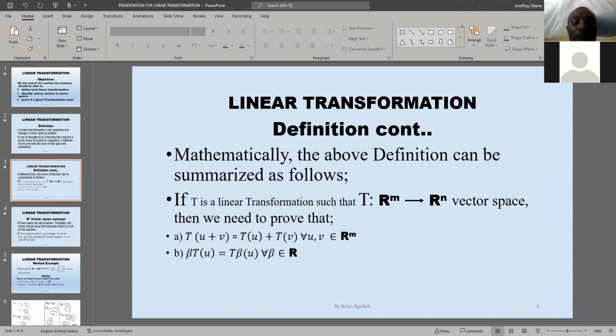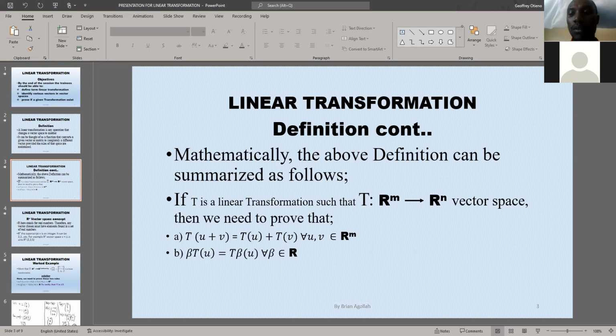One, if we take two vectors, u and v, in Rm space, and we give them transformation T, it should give us the same result as if we take an individual vector u, transform it under T, and then add the vector v transformed under T. That is, T(u + v) = T(u) + T(v).